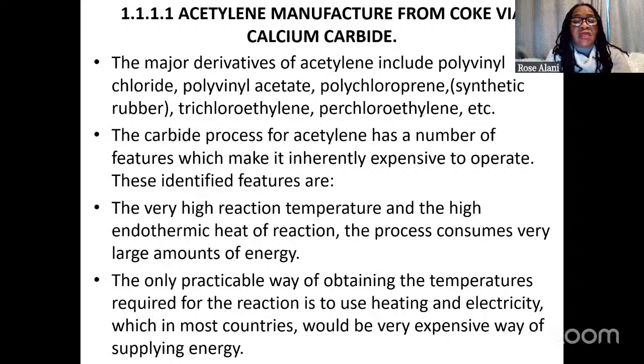So it means it consumes a lot of energy. And so the source of energy will be that of electricity. And electricity in many places is very expensive. So to supply electricity to carry out this process is very expensive.